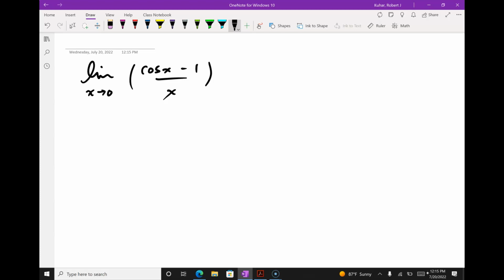So this one is kind of interesting to do with a conjugate as well. Let's see if we can do that first. Let's see what happens. Limit as x goes to 0 of star, and star is cos of x minus 1 over x.